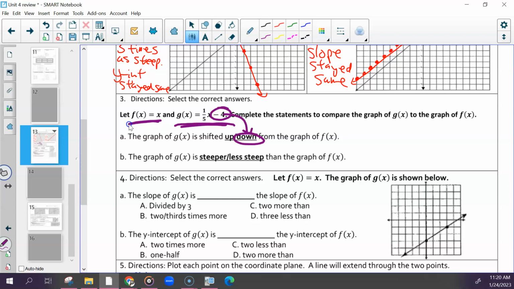What do we think for that one? Yes, you have a 50% chance. Lily. So the 1/5 means it's less steep because this is 1 and 1 is greater than 1/5, so less steep.